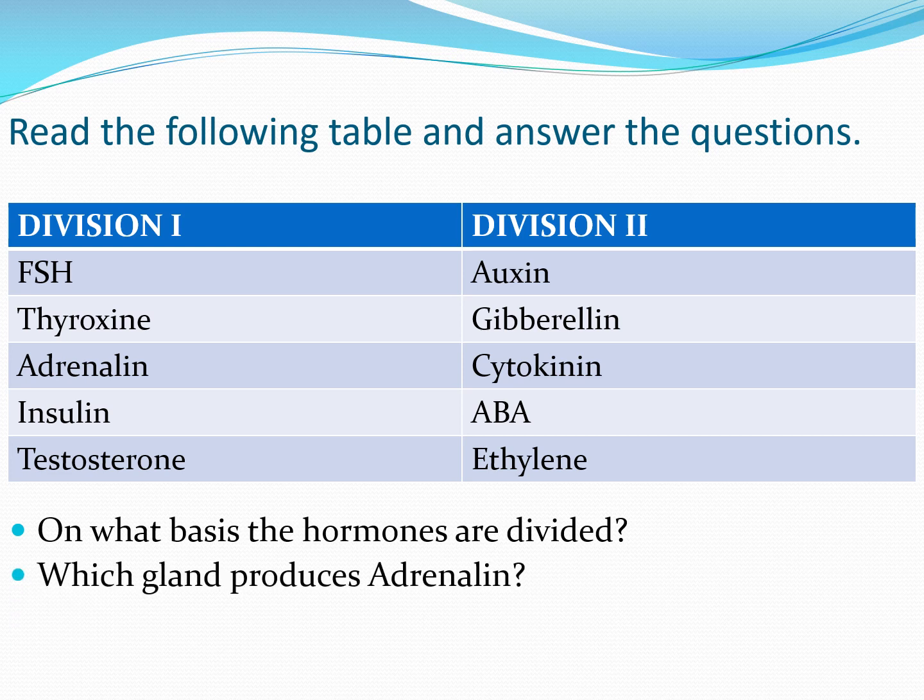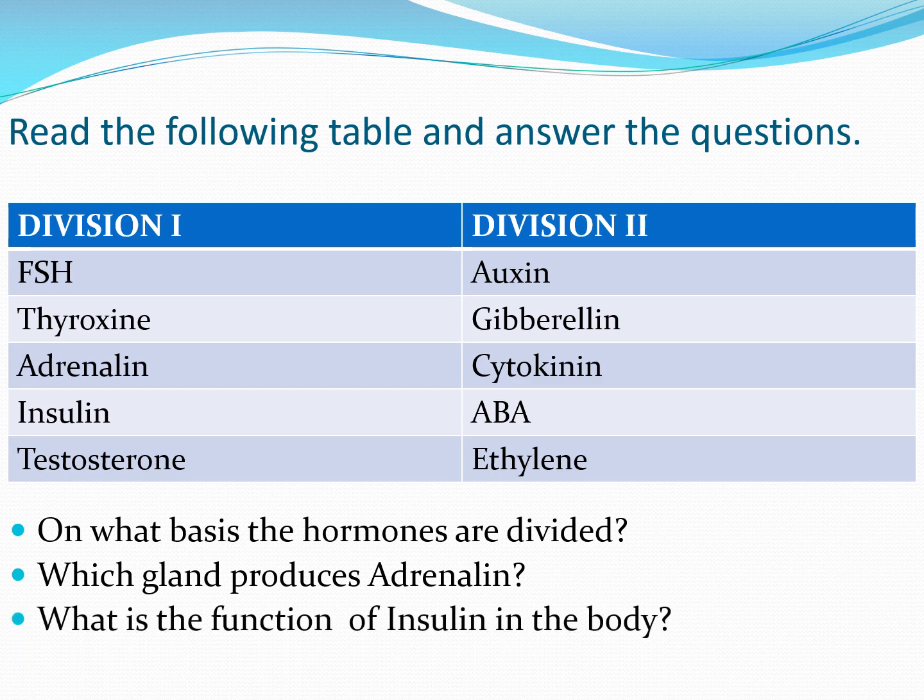Second question, which gland produces adrenaline? Adrenal gland produces adrenaline. Adrenal gland, particularly adrenal medulla. Adrenal medulla produces adrenaline. Next, what is the function of insulin in the body? Insulin controls sugar levels in the blood.